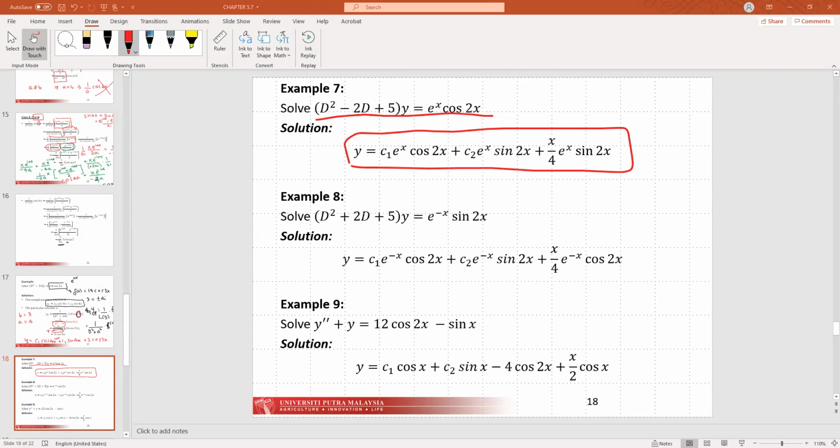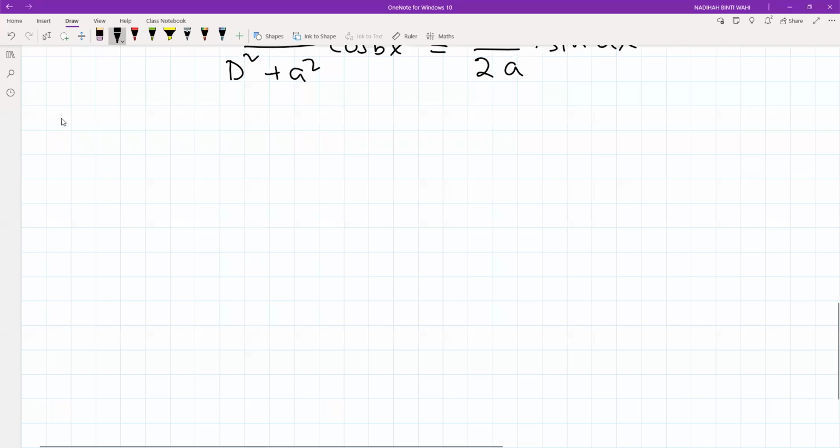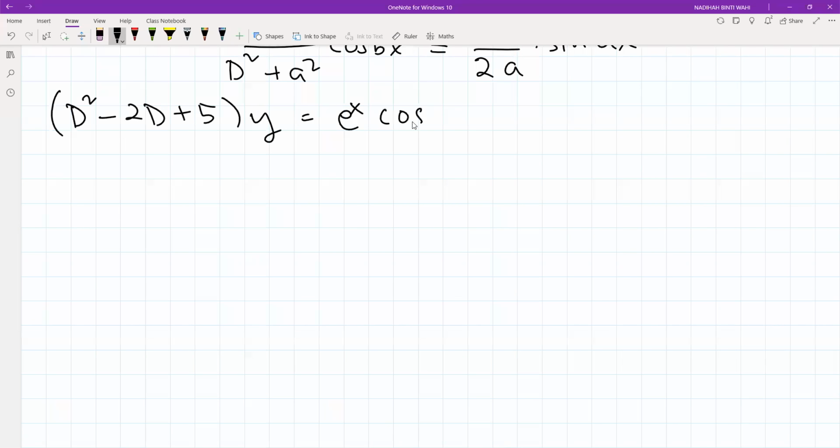Okay. D squared minus 2D plus 5 derivative of y sama dengan e to the x cosine of 2x. Okay, yang ni ada form yang kita nak iaitu LD plus A. So this is YP is just 1 over L of D plus A times fx.